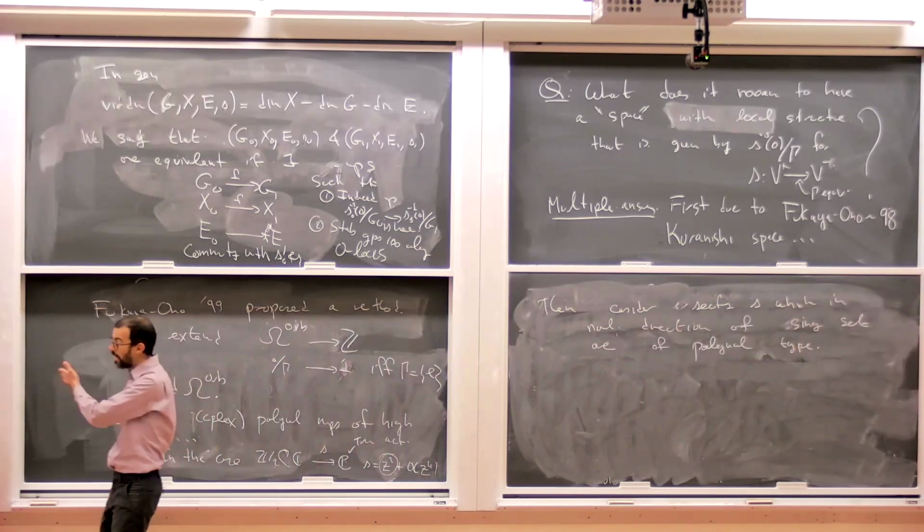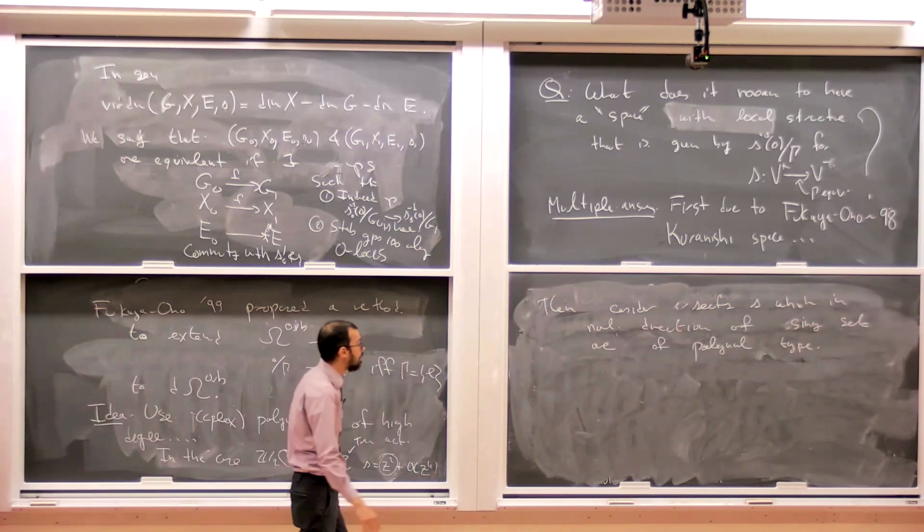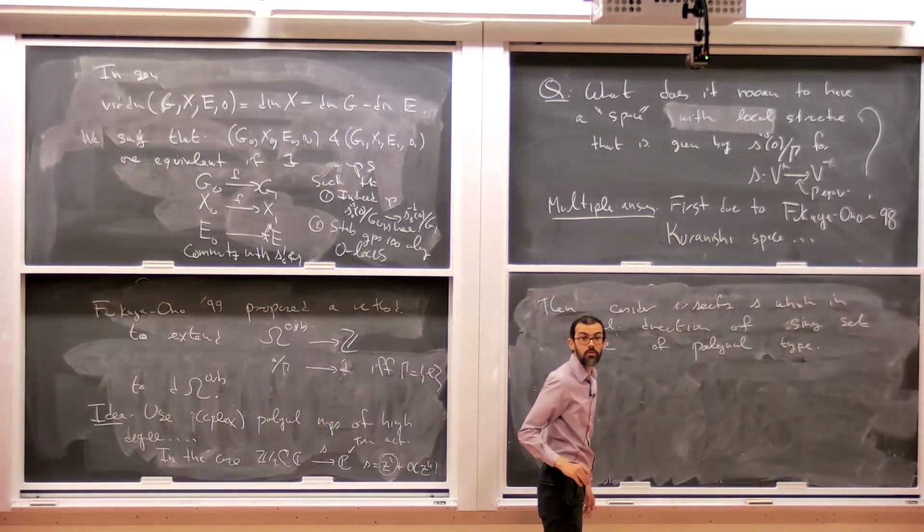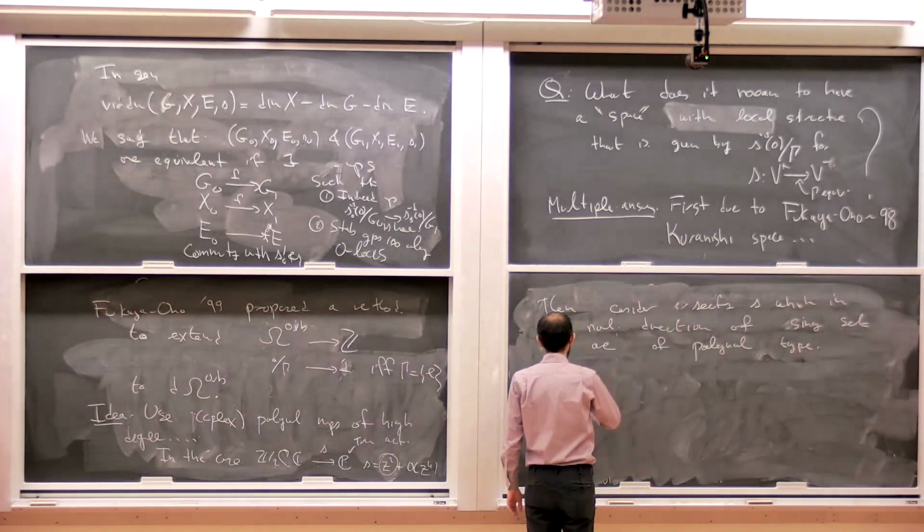When you do that, you pick one generically, and then you count the number of zeros away from the singular set.